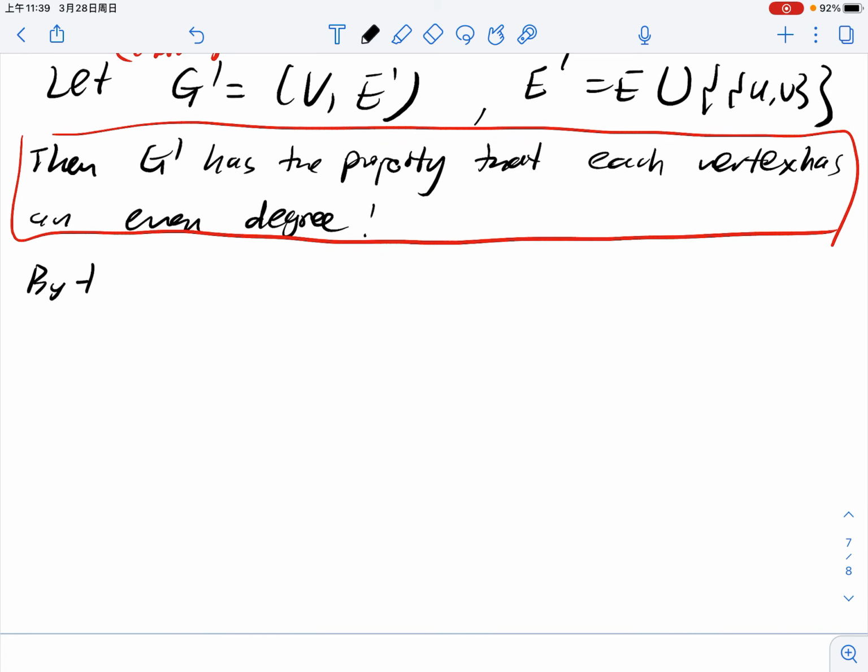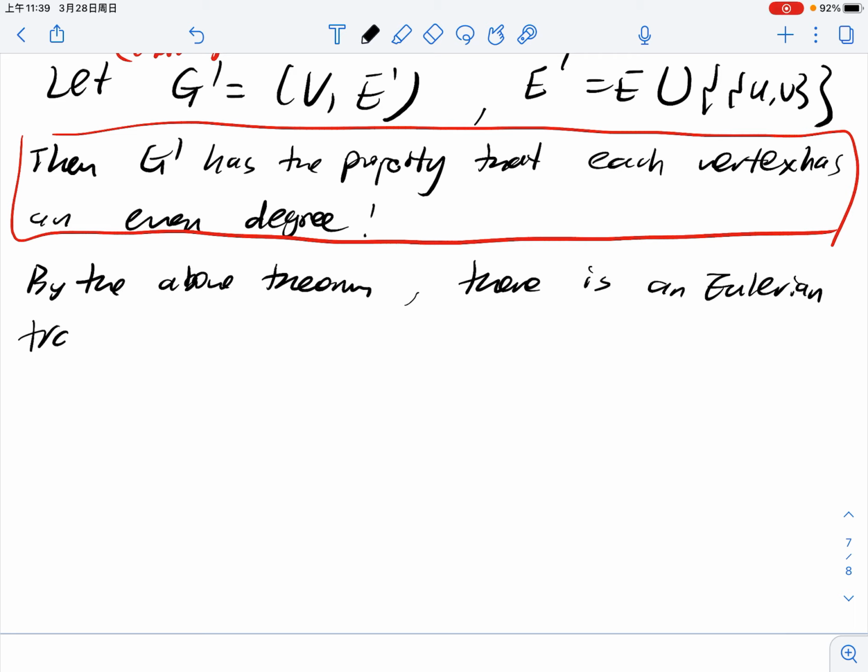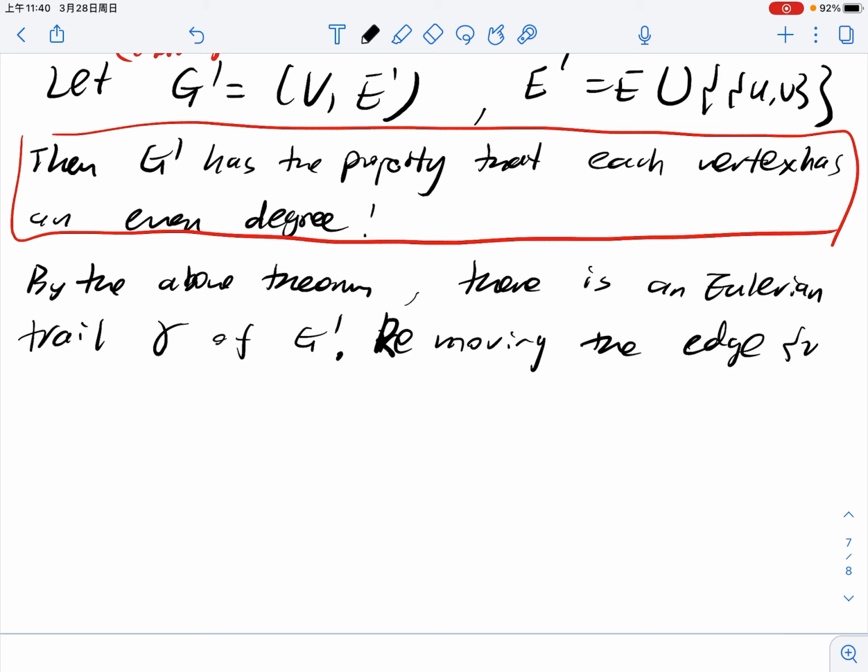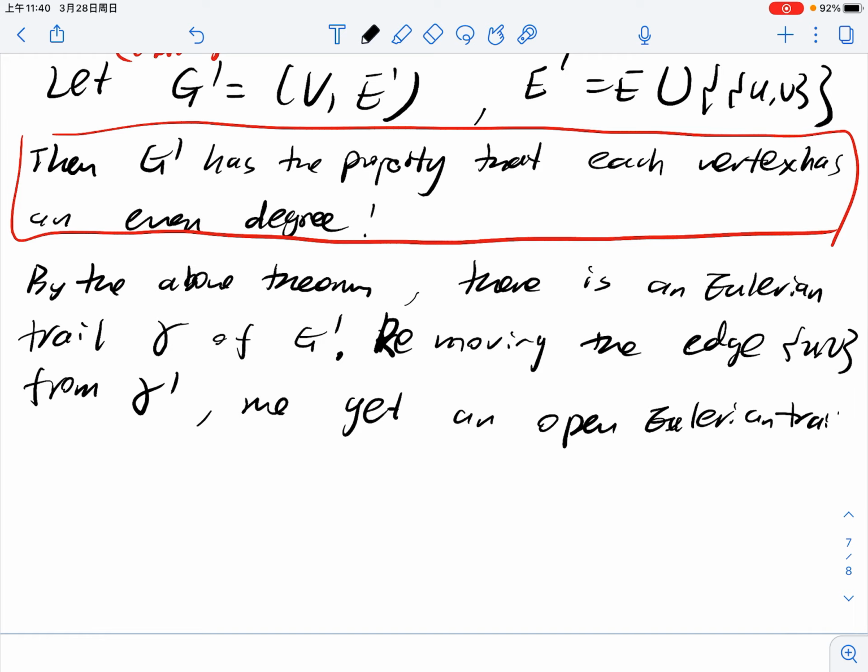Then by the above theory, there is an Eulerian trail gamma prime of G prime. And so removing the edge UV from gamma prime, we get an open Eulerian trail gamma.